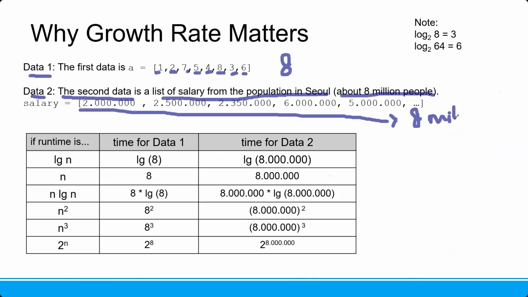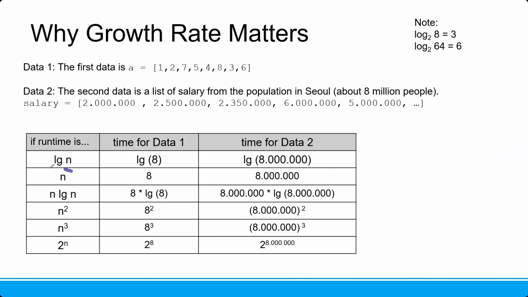Now, my algorithm previously is n, so the running time is linear. When I have only 8 data, it is 8 operations. But if I have 8 million data, it will run 8 million times, because I check one by one.